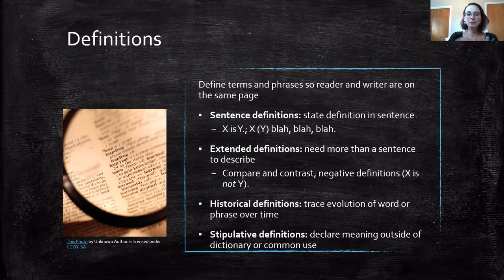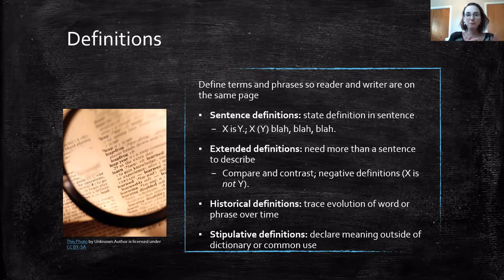Okay, another thing we might be thinking about is historical definitions. So this is especially important maybe if you're looking at literature, or certainly if you're going into history. So you're looking at how a word might change over time. So some things to think about is, what was the definition of family in the 1950s?